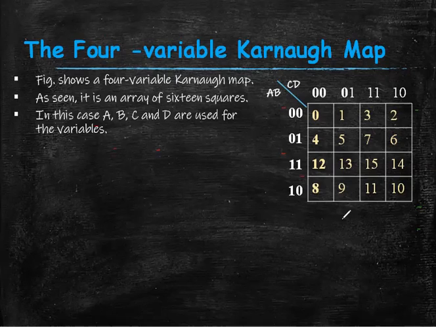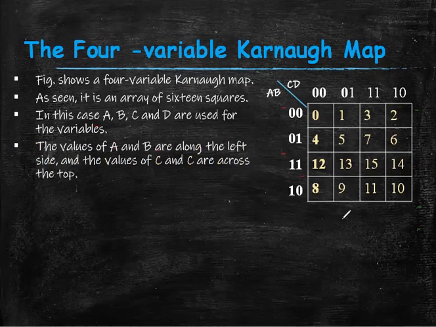Here we use A, B, C, D as the variables. Okay. And here the value of AB is written on the left side and the value of CD is written on the top.